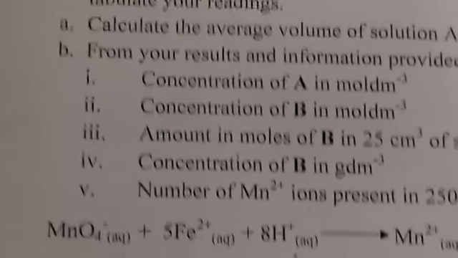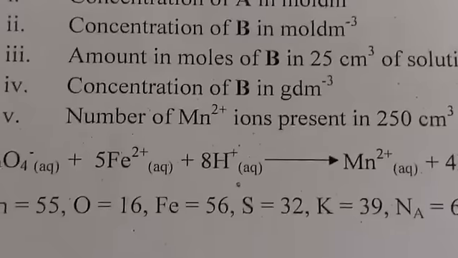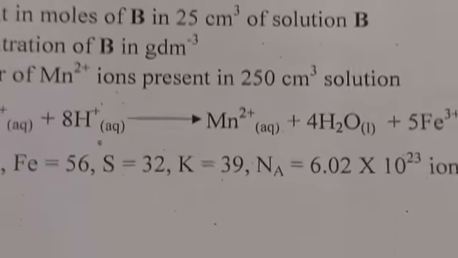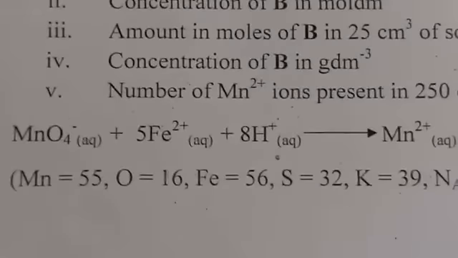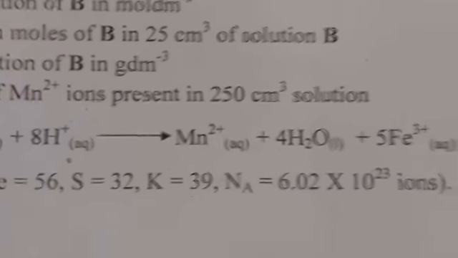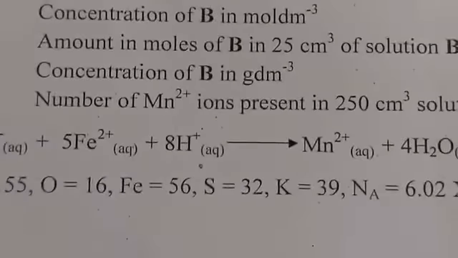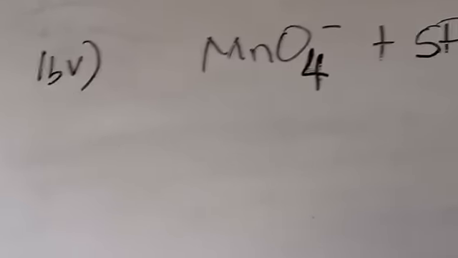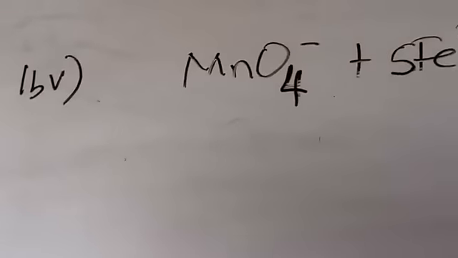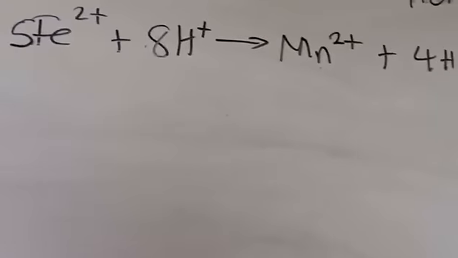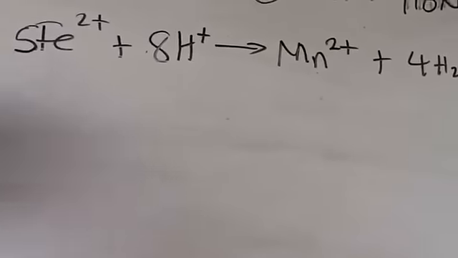We now move over to question 1BV that says calculate the number of manganese 2 ions present in 250 cm cube solution. To solve 1BV, we're going to work from the balanced equation.